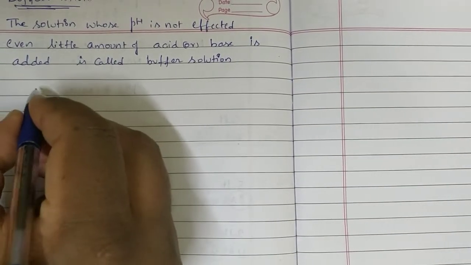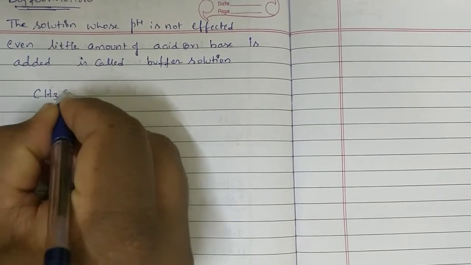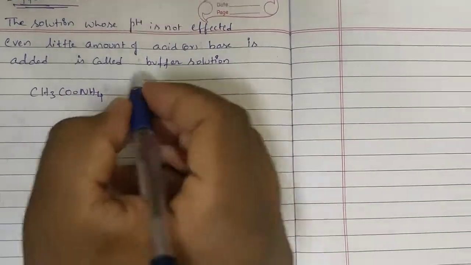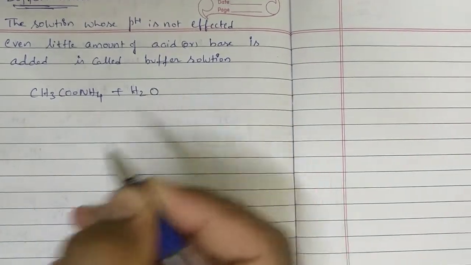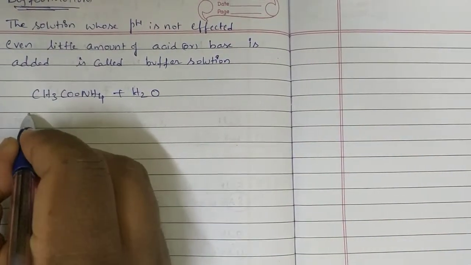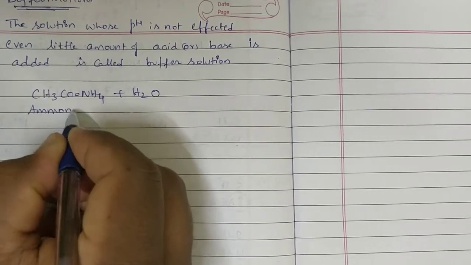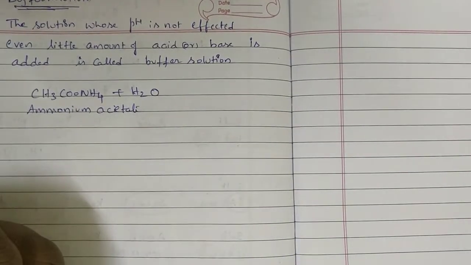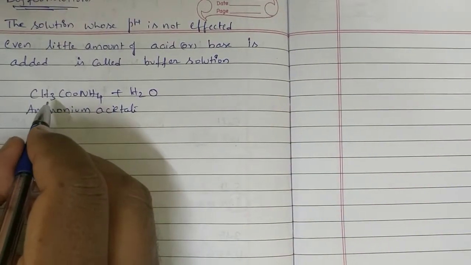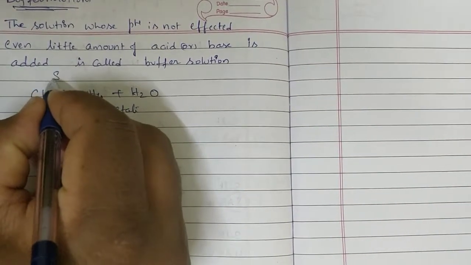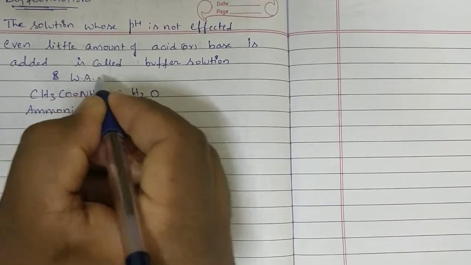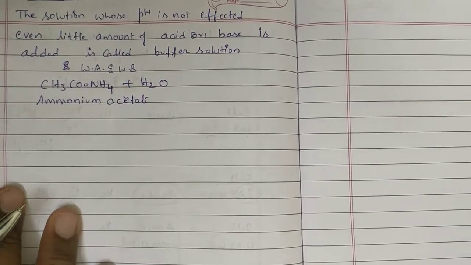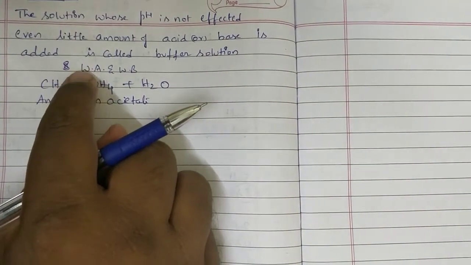For example, let us consider CH3COONH4 plus water. This is called ammonium acetate. Ammonium acetate is the salt which is obtained from a weak acid and a weak base.